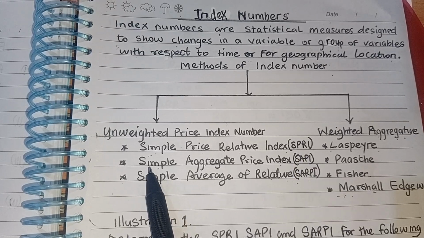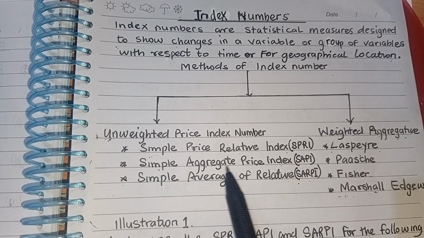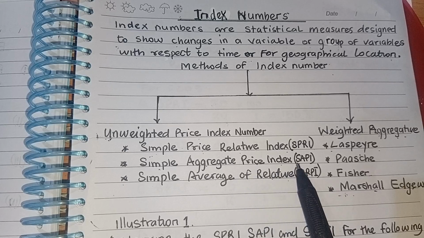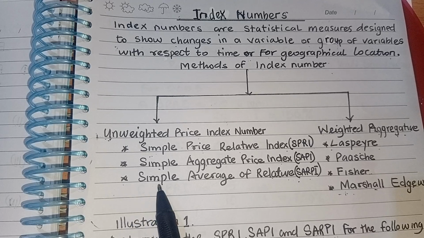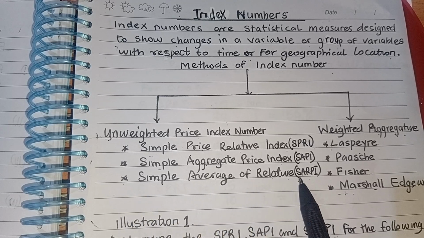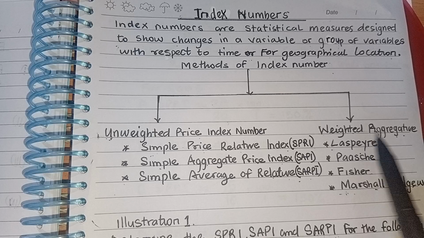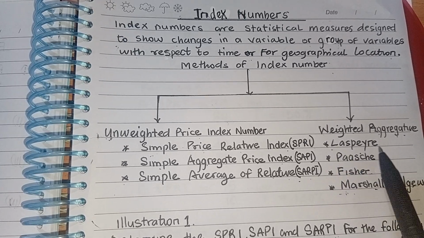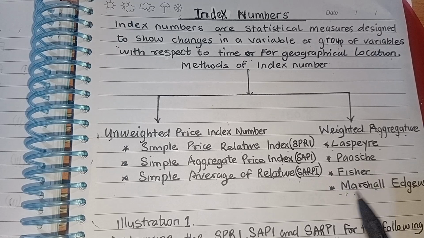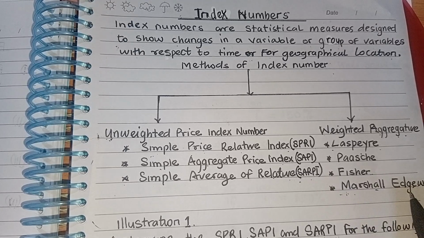Number two, simple aggregate price index, SAPI. Then the last one is simple average of relative price. Then for the weighted aggregative index number, we have Laspeyres, Paasche, Fisher, and Marshall-Edgeworth.